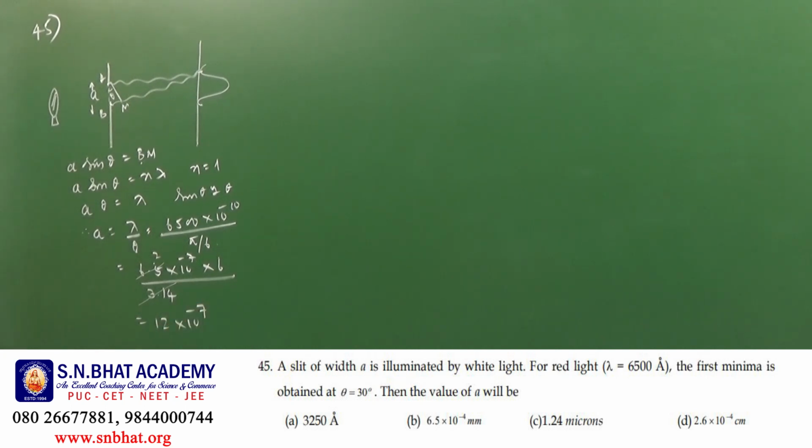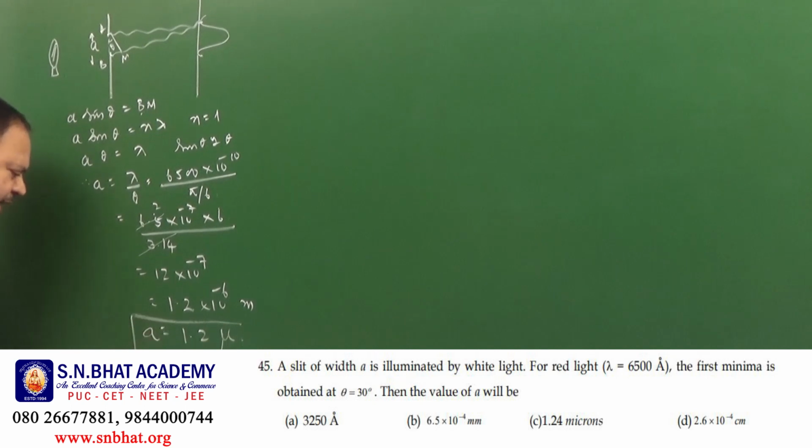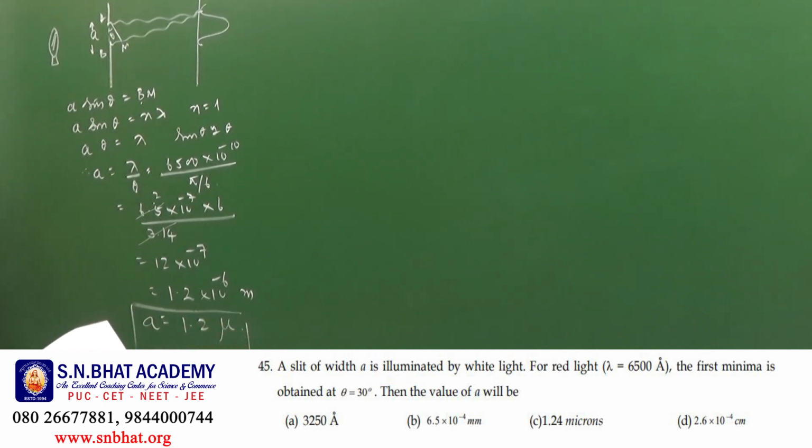Now you work it out by looking there. After readjustments, you will come to know that 1.2 into 10 to the power of minus 6 meter, that is nothing but 1.2 microns.